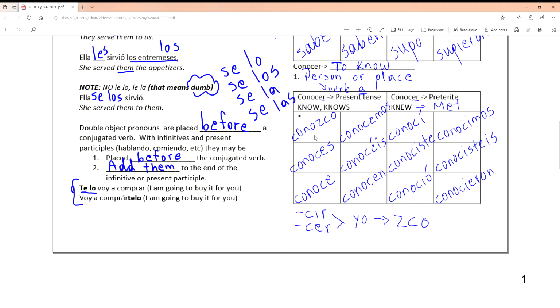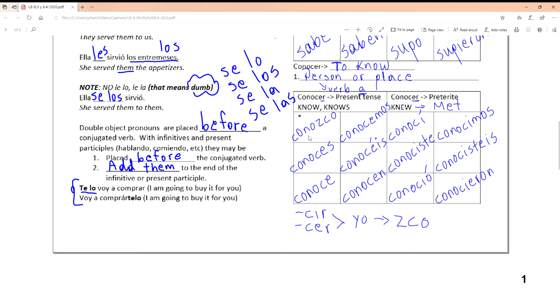Let's go over the forms in the present tense and then in the past. As a general rule, for verbs that end in cer or cir, the yo form in present tense changes to zco. The rest of the conjugations of conocer in present tense are your normal ER endings.